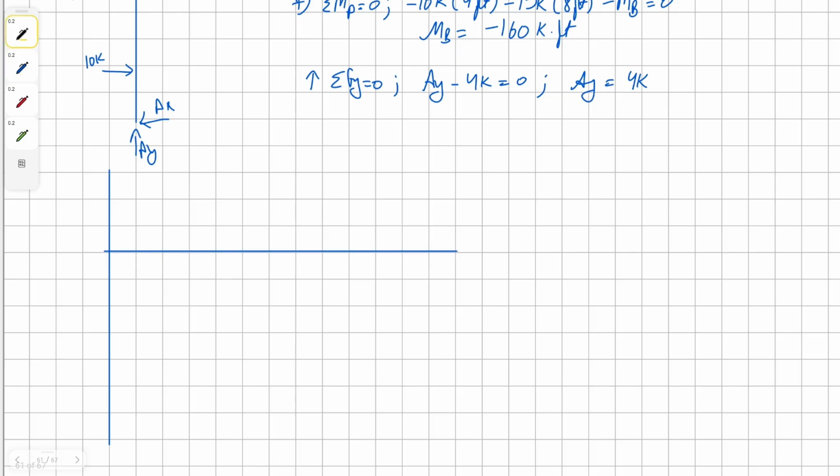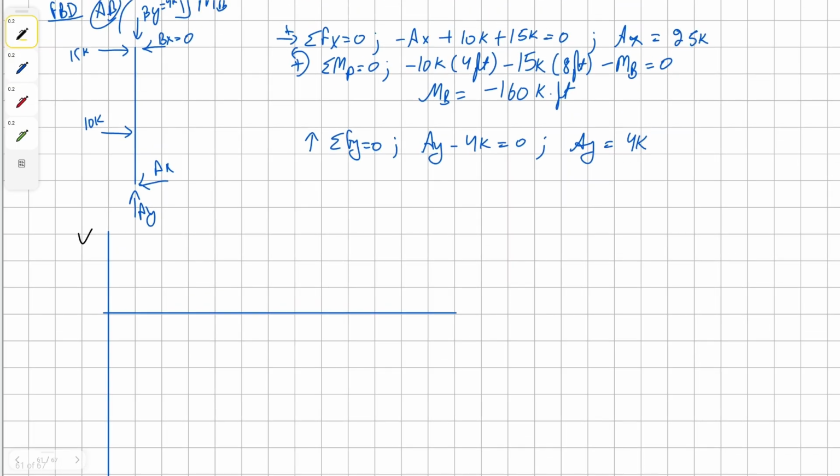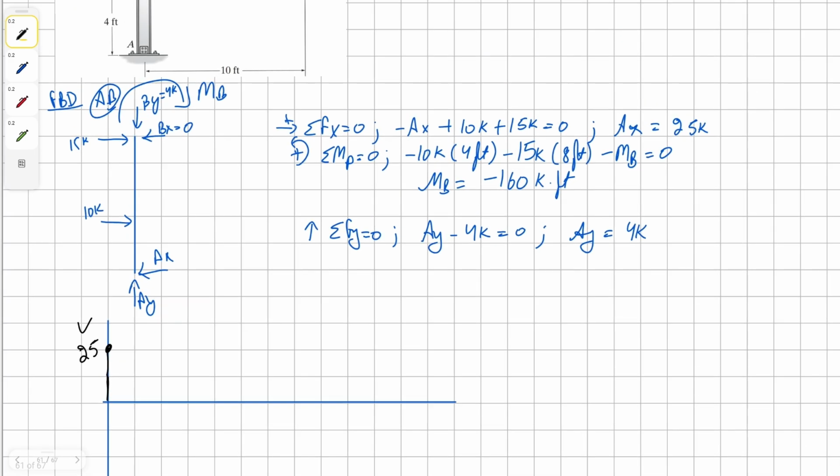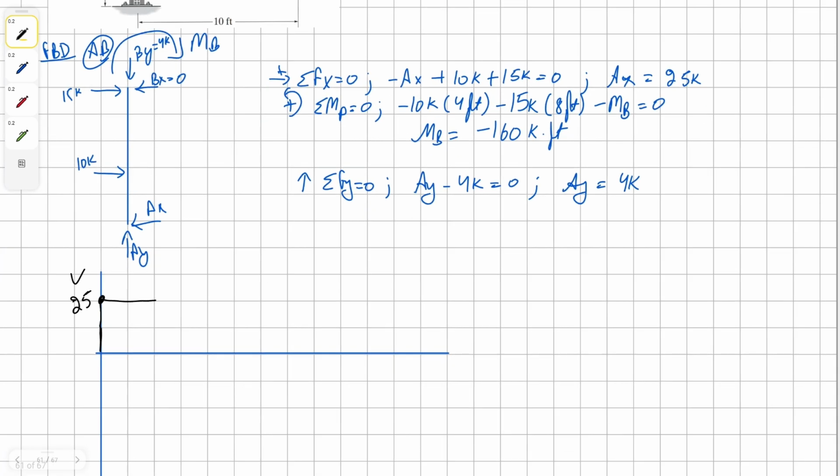Alright, so for shear, we're going to begin with the value of Ax, which is positive 25. And then nothing's going to happen for 4 feet. At that point, we're going to get pushed down by 10, so we're going to come down to 15K.